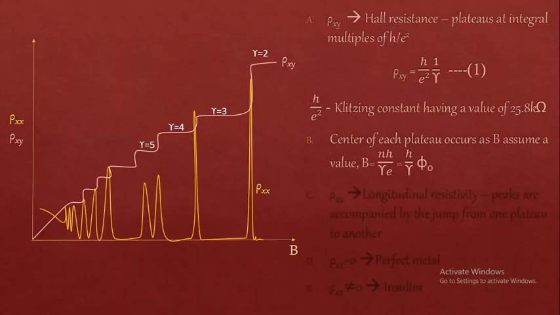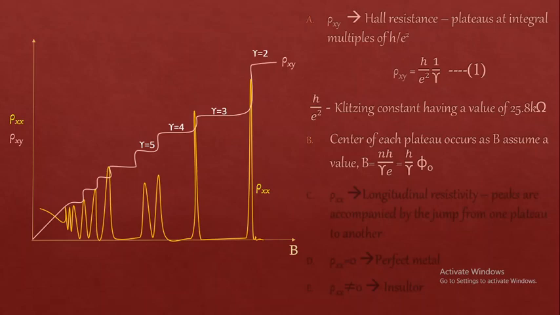So there are step-like structures. So when are these steps going to take place? When B will be equal to nh by gamma into e. So this h by e can be taken as phi naught.